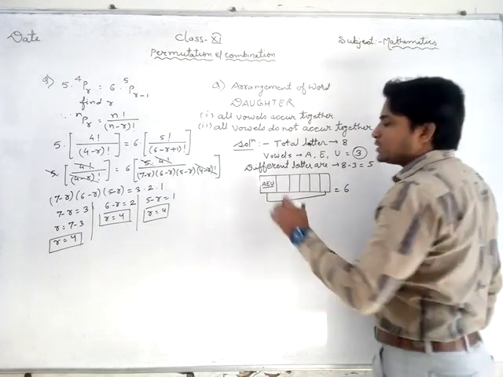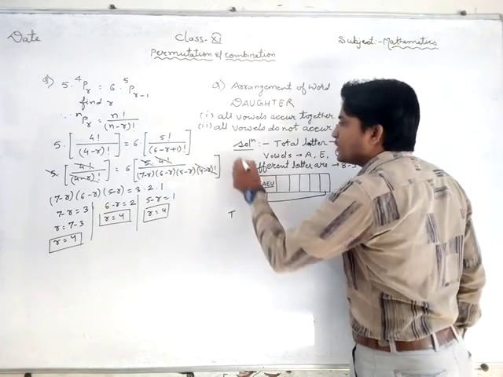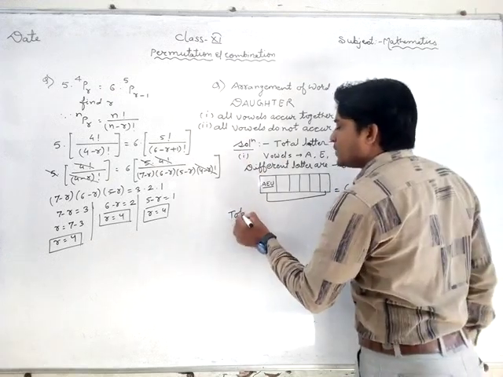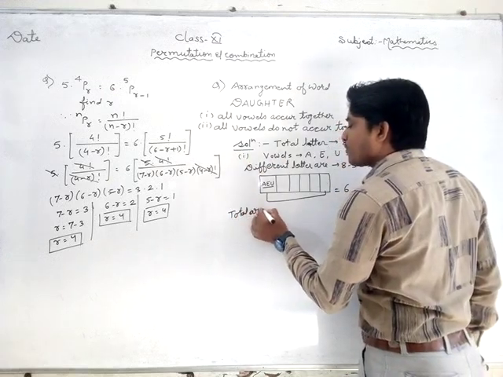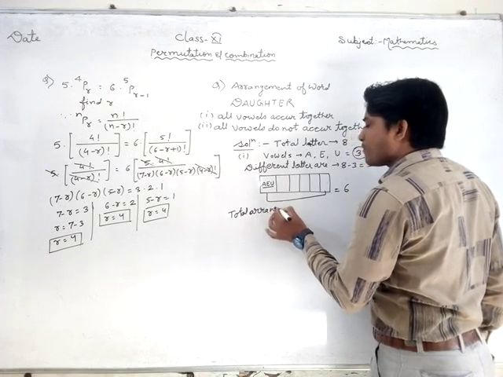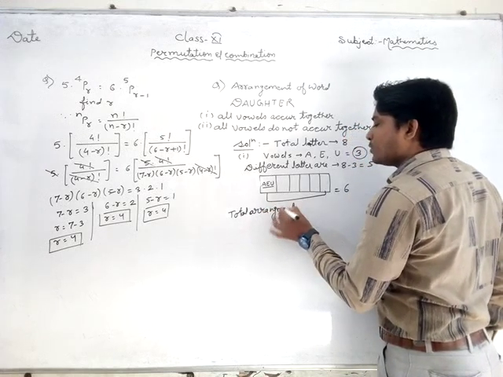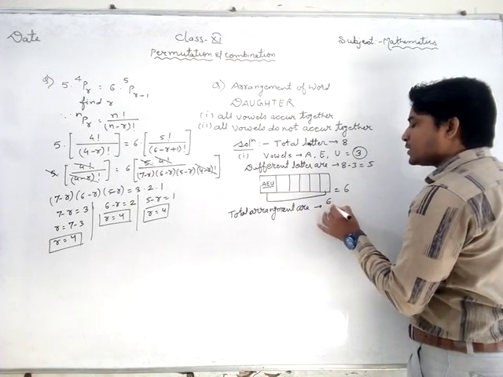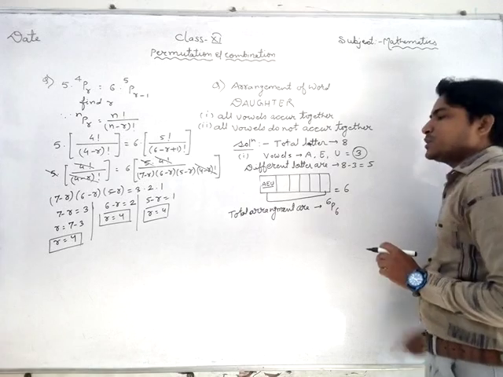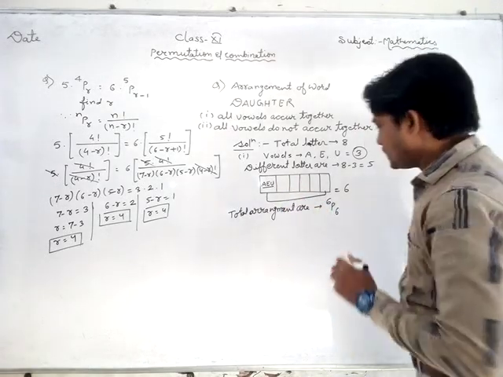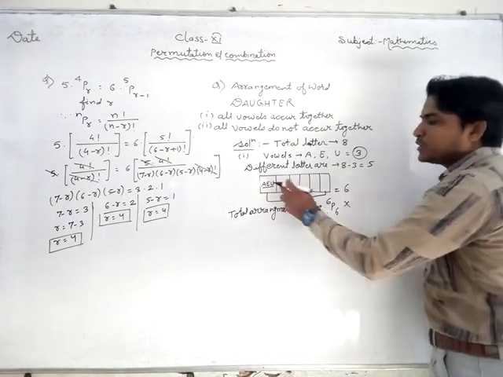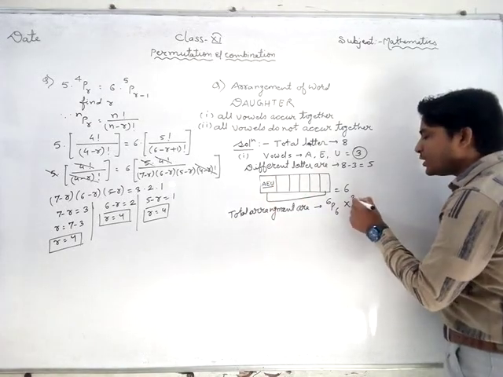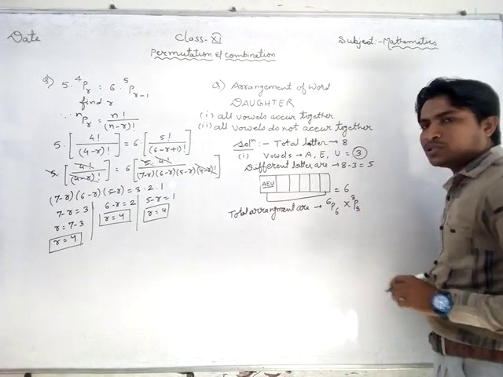So for the total arrangements, it is 6P6, 6 letters in 6 places, multiplied by the 3 vowels arranged among themselves on 3 places.